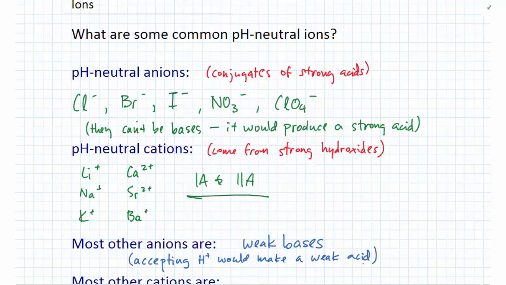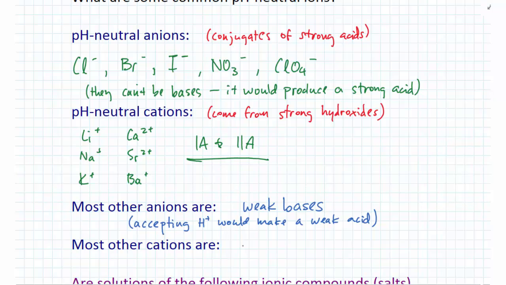Accepting an H plus up here would make a strong acid. That does not happen. It's not forward-back reversible; it's just totally backwards. Most other anions are weak bases. Most other cations are weak acids.